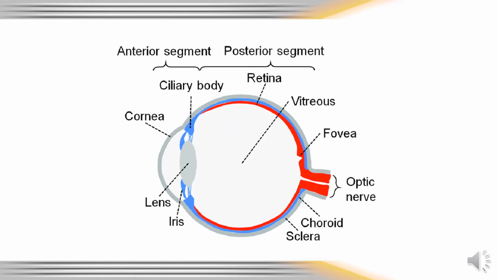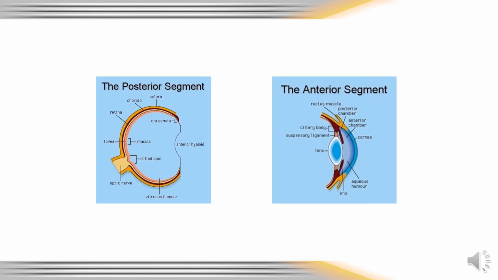The anterior segment comprises the cornea, the anterior chamber, the posterior chamber, the iris, part of the ciliary body, and the crystalline lens. All the structures behind this constitute the posterior segment. The anterior segment versus the posterior segment, each in a separate photograph.